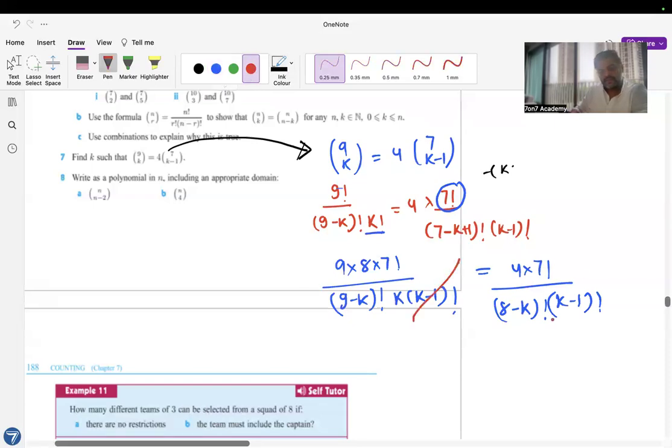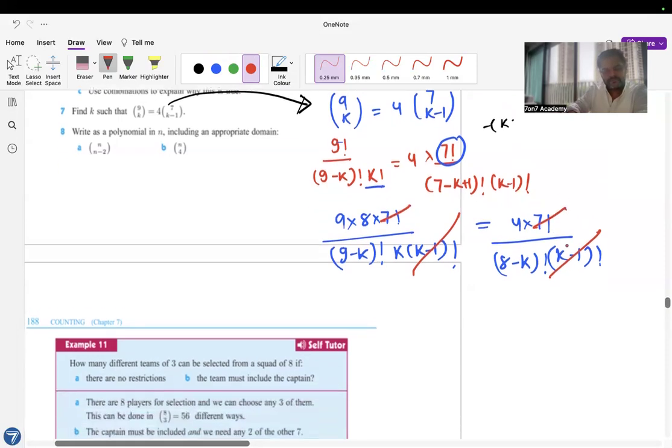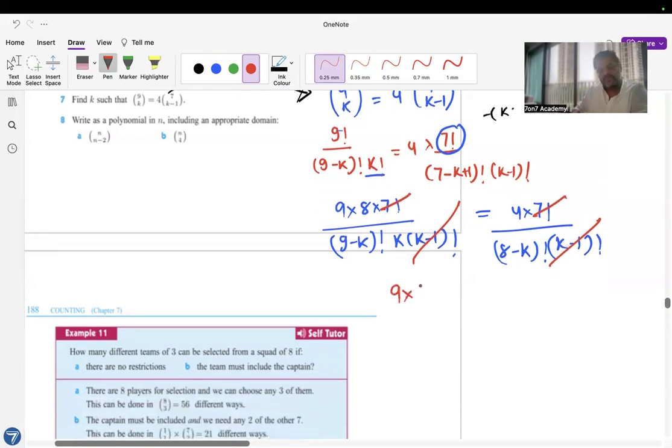This and this cancel out. 9 into 8 over 9 minus K factorial is equal to 4 over 8 minus K factorial.